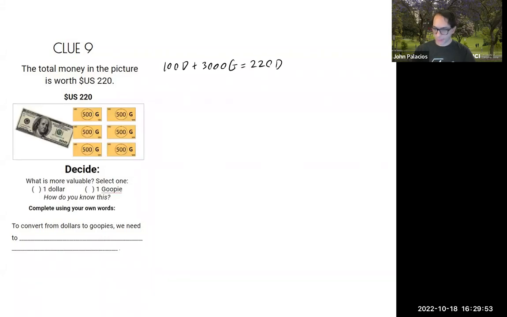Subtracting $100 from both sides, we have 3,000 goopies is equal to $120. Okay, I am seeing factors of 3 on both sides.